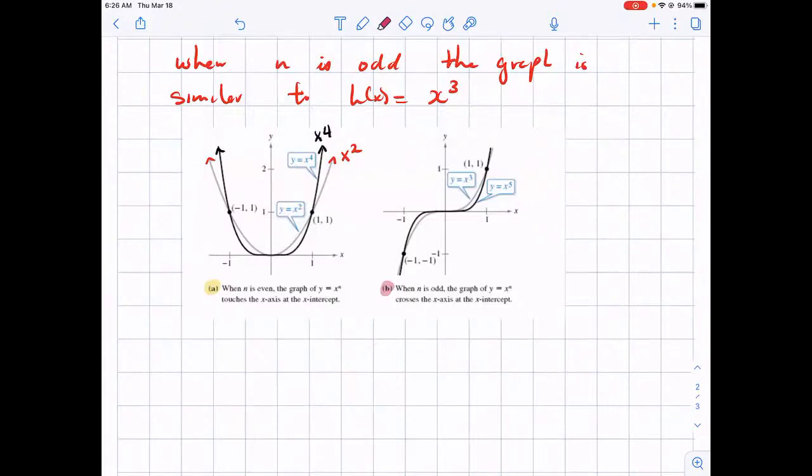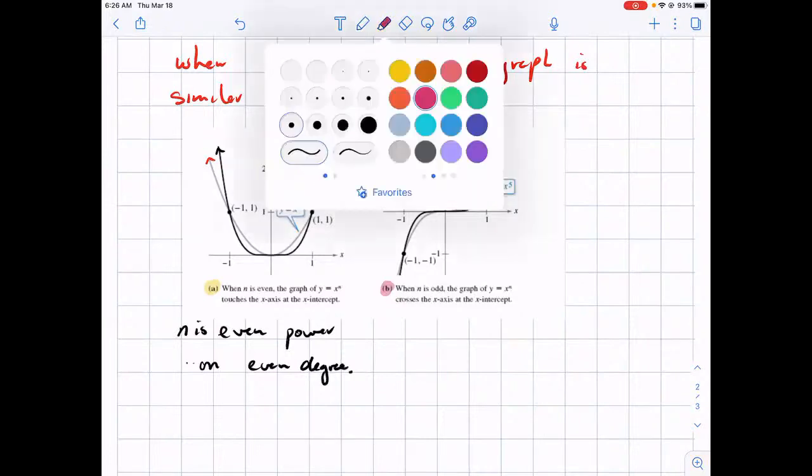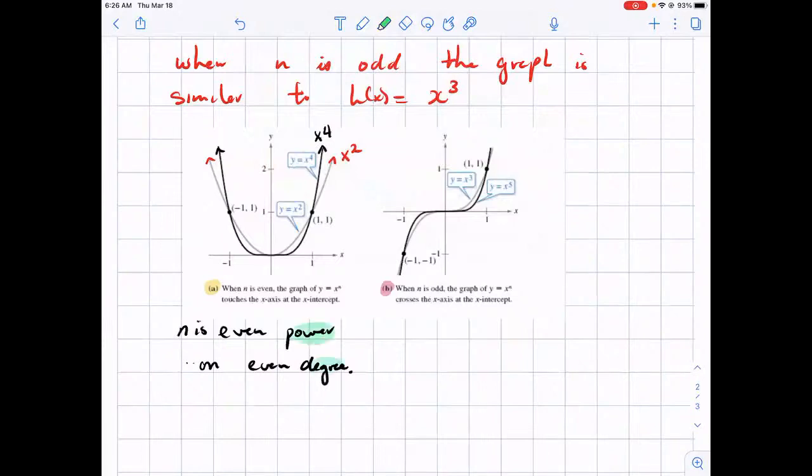So any graph with an even power, n even, or even degree, we usually say that power and degree have the same meaning. We say that the power is even or the degree is even.